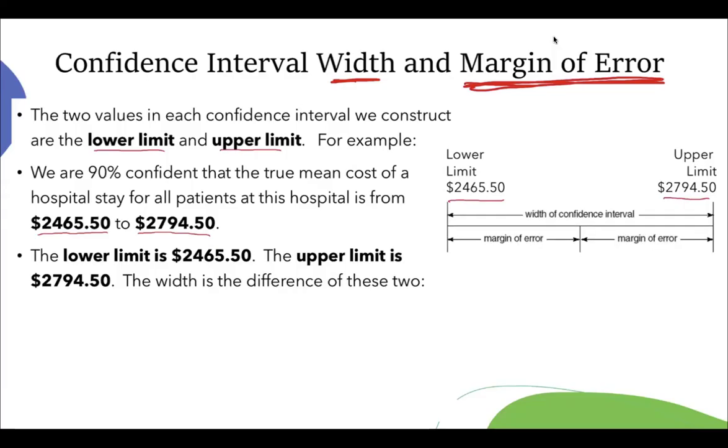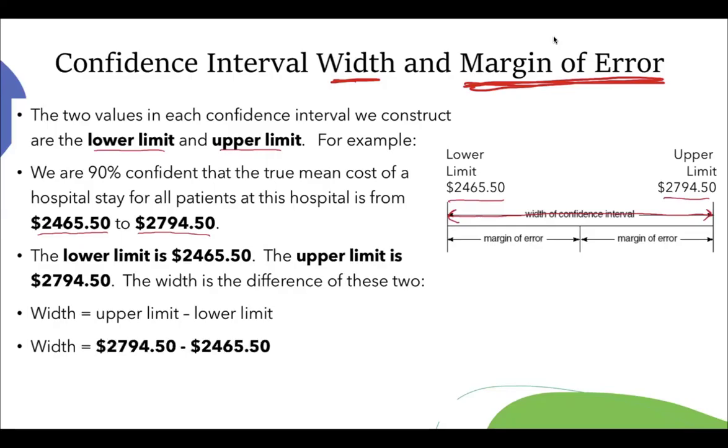So visually, this length here is the width. Okay, in this case, when we subtract these two numbers, the width comes out to be $329. So that's not the end.